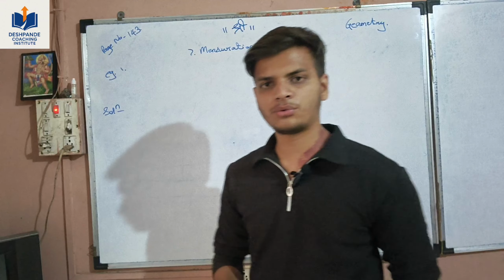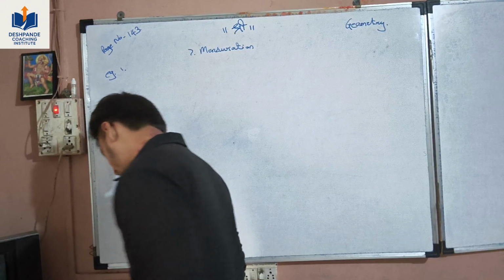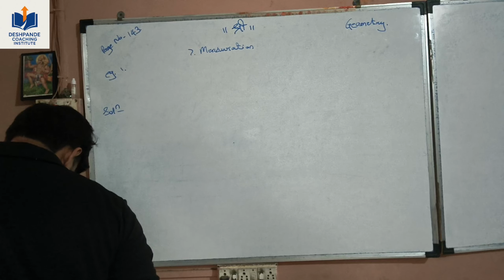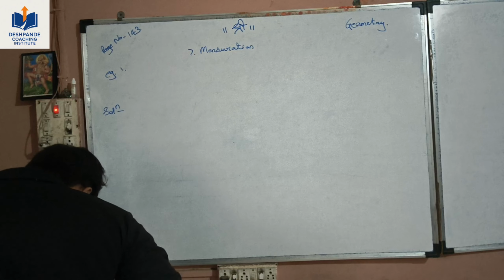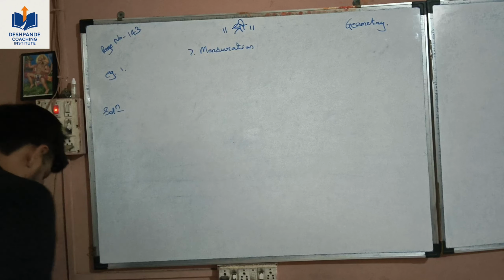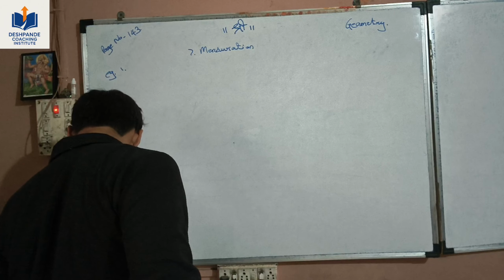The formulas are in three parts: lateral surface area, total surface area and volume. There are four types, so you have to learn them, there is no other option.